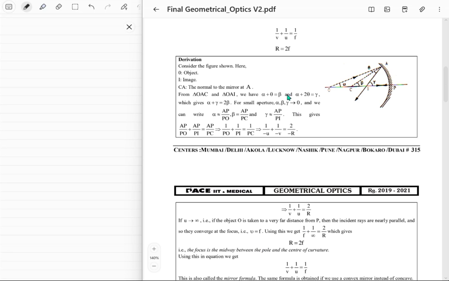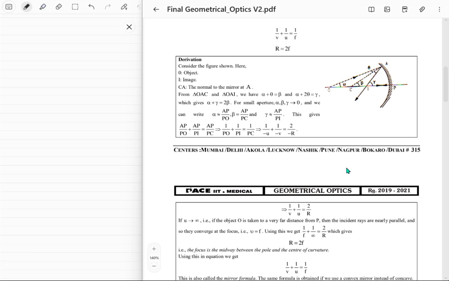And then actually it's more like two derivations together, because first you have to prove that the focal length is actually r upon 2. And then from that you can figure out the mirror formula. Oh, okay, this time they're going the opposite way. They're first deriving the mirror formula and then from that, right. So that's the easier way.